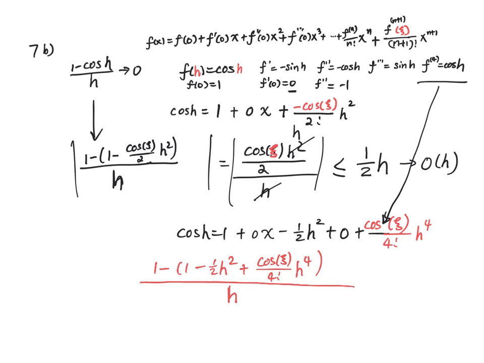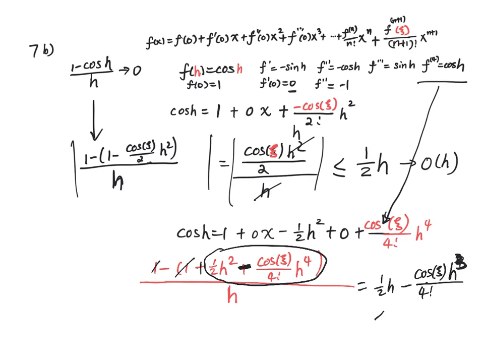Do you see that after dropping the parentheses, this 1 and 1 will cancel and this will change the sign, and you have 2 terms in your numerator. If you simplify, this is what you have: minus 4 factorial cosine xi h to the power 3.